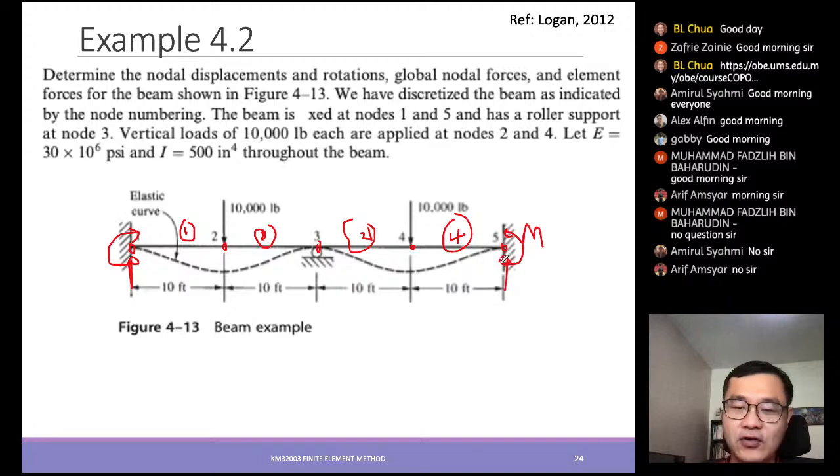At node number 3 you can replace this roller with a reaction force, Fy3. That completes the whole free body diagram. You can remove all the walls and the rollers. So this is how you would expect it.